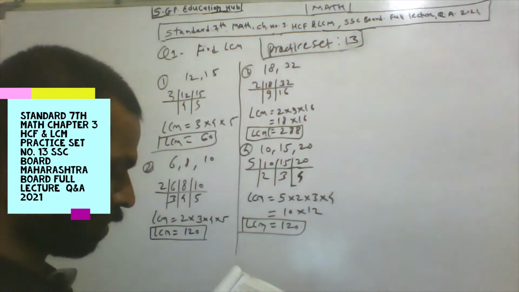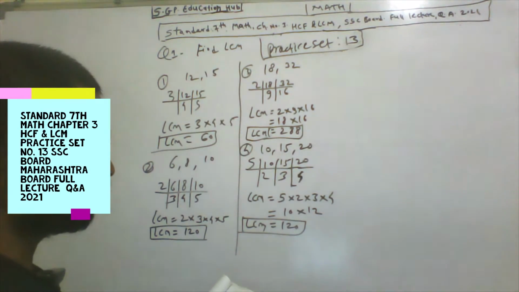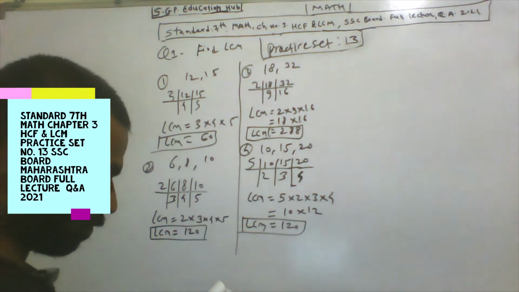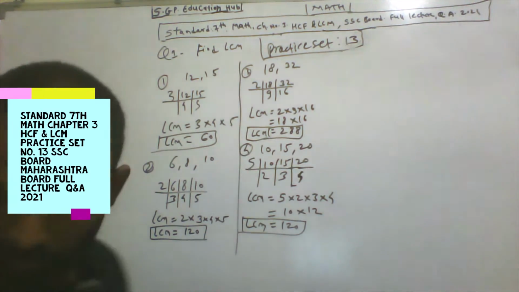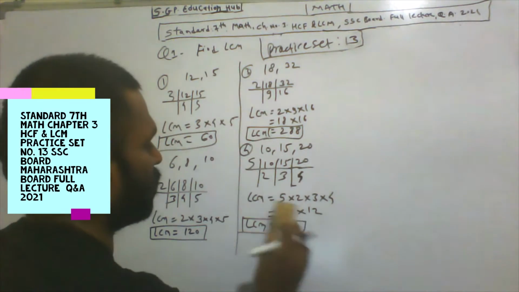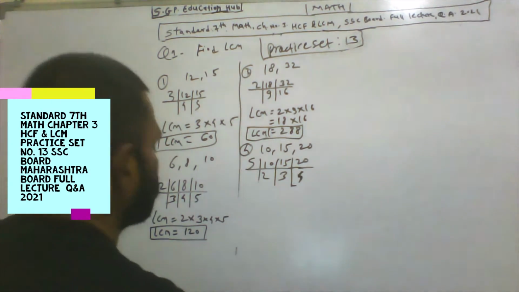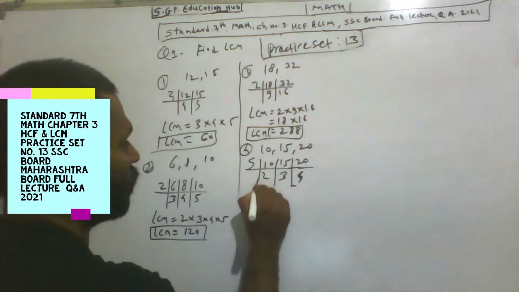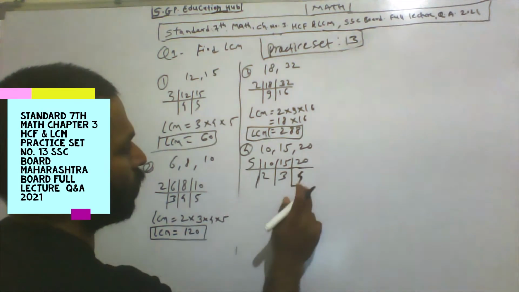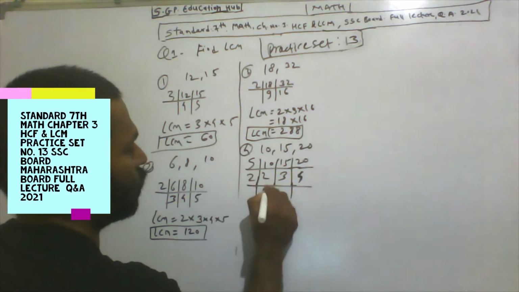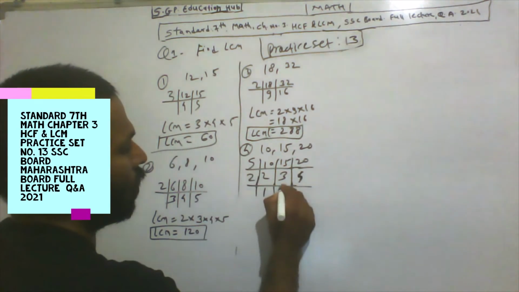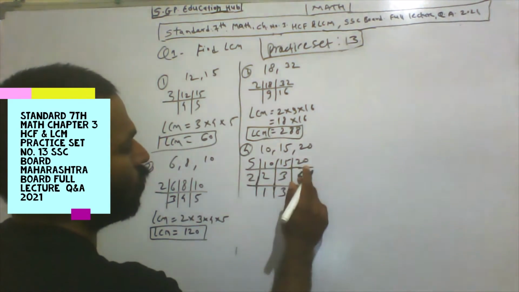Okay, now the next example. Sorry, here we have a mistake. These two numbers can be divided by 2: 2 ones are 2, 2 twos are 4, and 3 remains as it is.